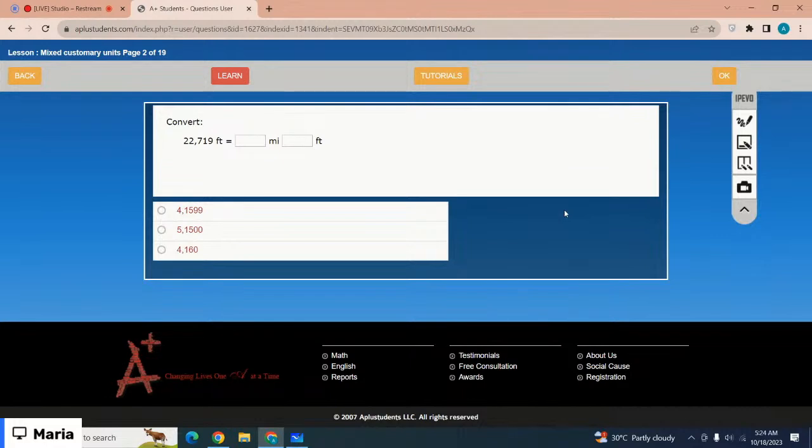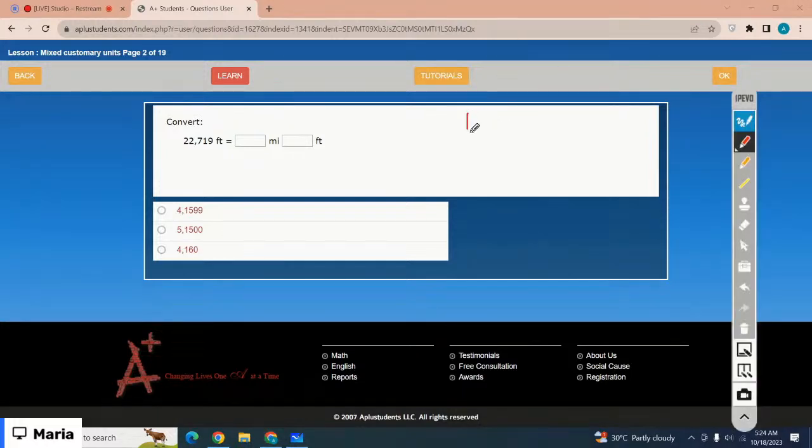So you have to convert from feet to miles, right? 1 mile equals 5,280 feet. So divide 22,719 by 5,280, right?